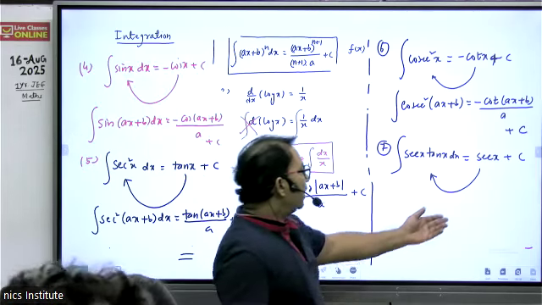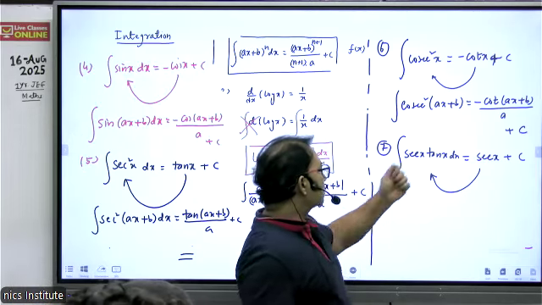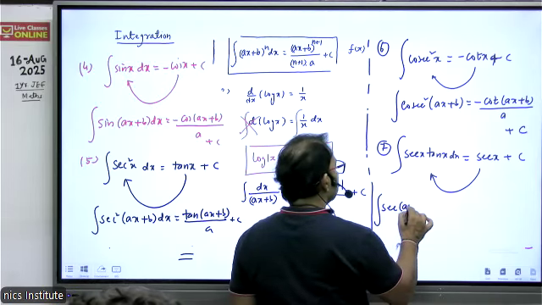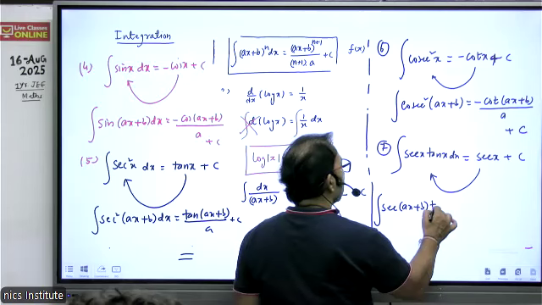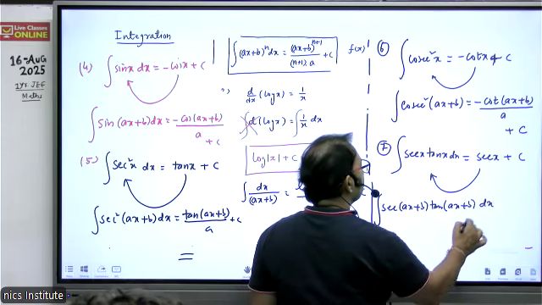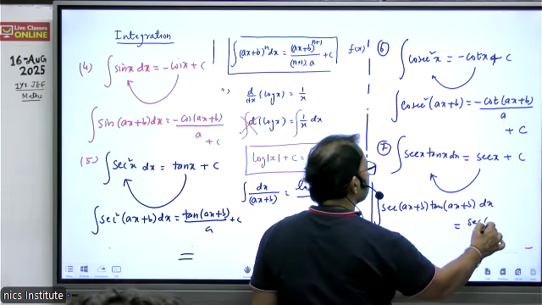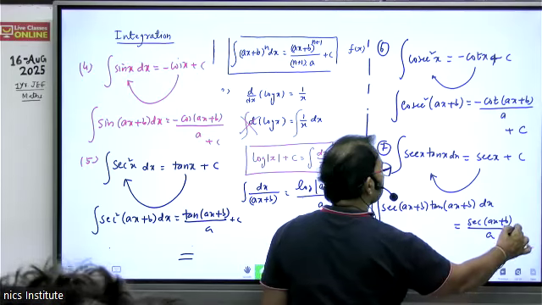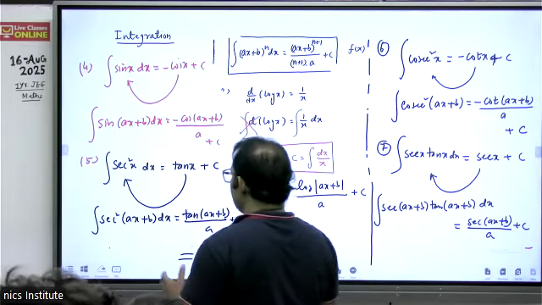Simple way to verify, differentiate this, you should get this. If it's sec ax plus b into tan ax plus b dx, your answer would be sec ax plus b divided by a. So these are direct results.